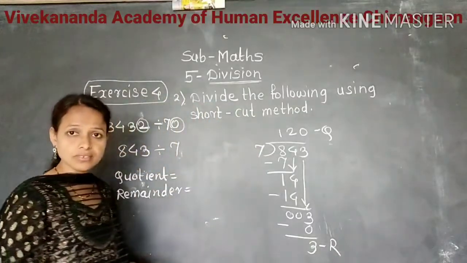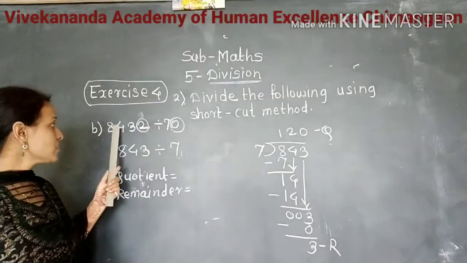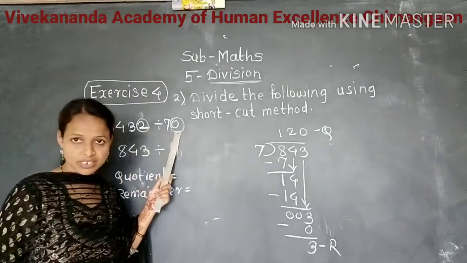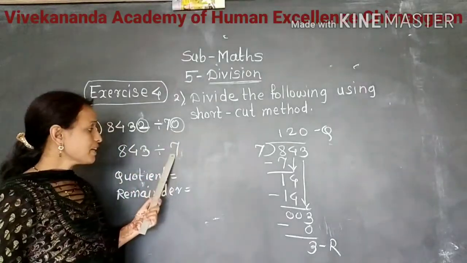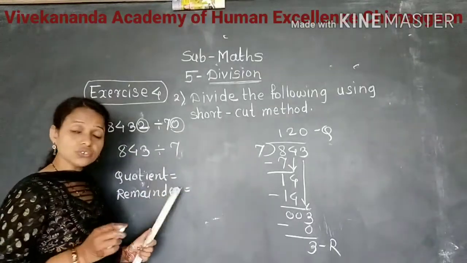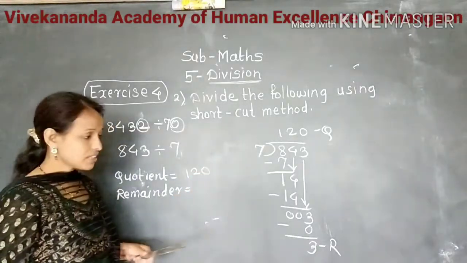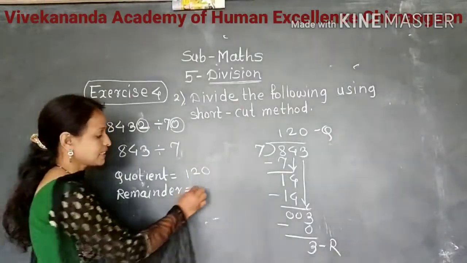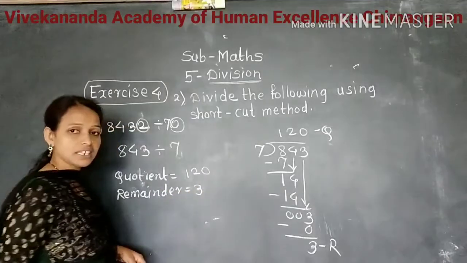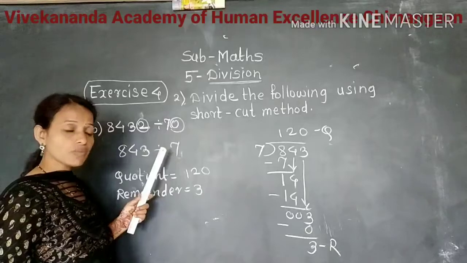Okay, but here we have to divide 8432 by 70. By this division we get quotient 120, so our actual quotient is 120. But while writing the remainder, you write this remainder 3, and the ones digit removed from the dividend is 2.